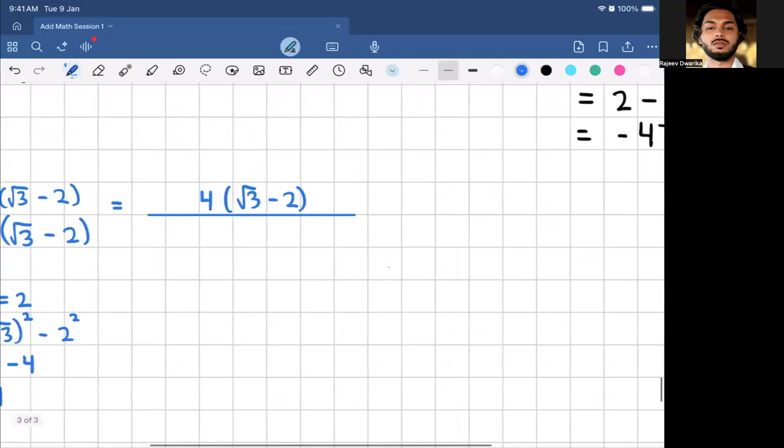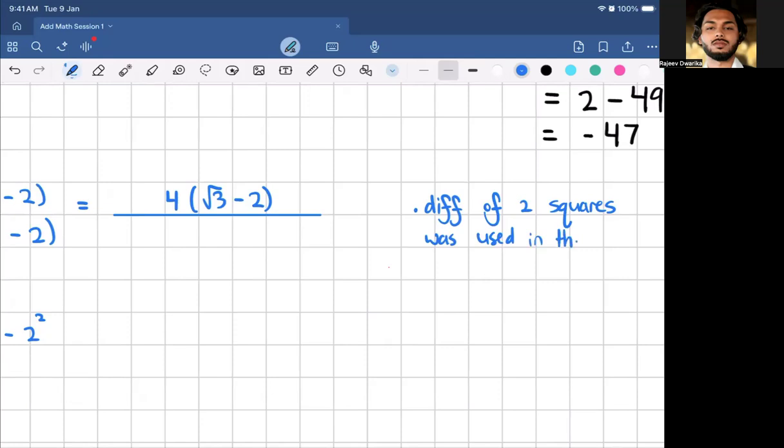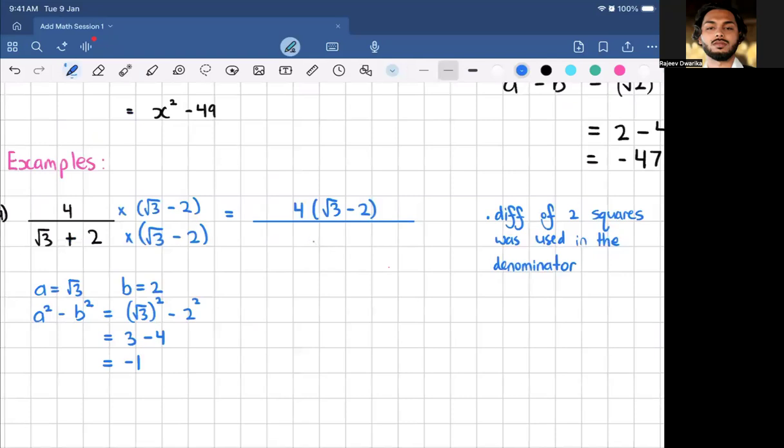Right, so this is what I want you guys to do. Somewhere you're going to say difference of two squares was used in the denominator. You could write this little statement, and in the denominator, you could put root 3 squared minus 2 squared.